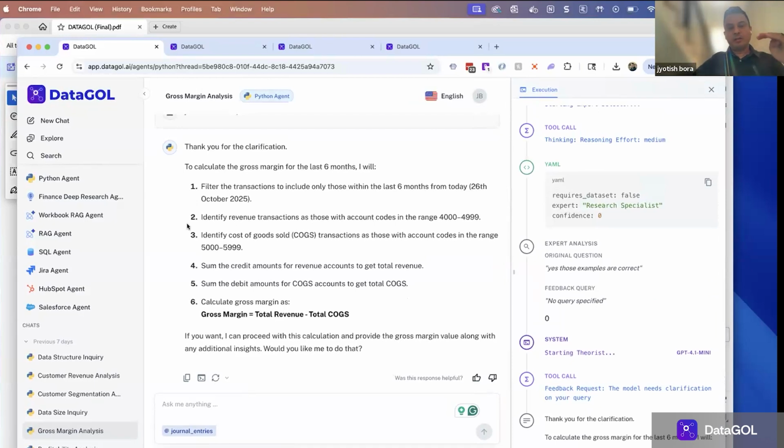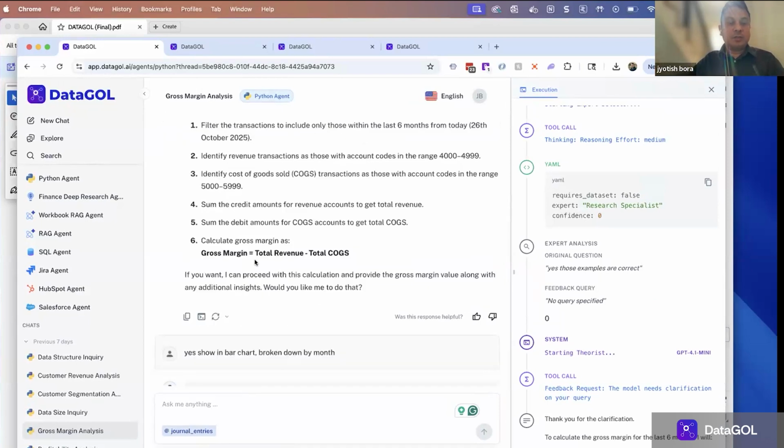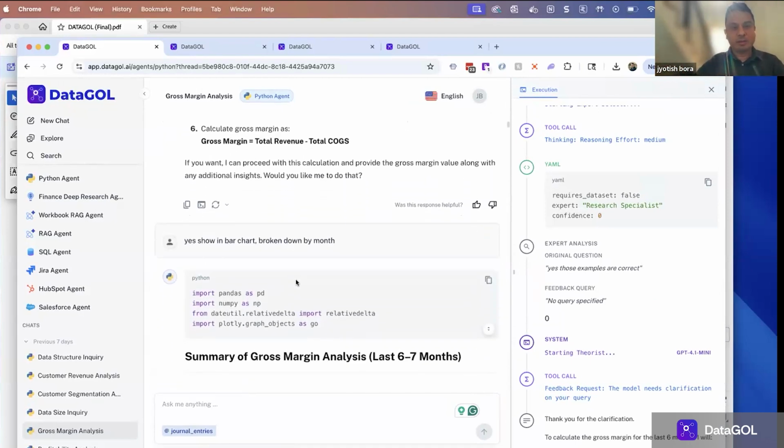Here it's doing the planning and telling you what it's going to do to answer your question. It's saying, you were asking about the gross margin in the last 6 months, and this is the formula I'm going to apply: total revenue minus the total cost of goods sold. The user further confirms, okay, that sounds good.